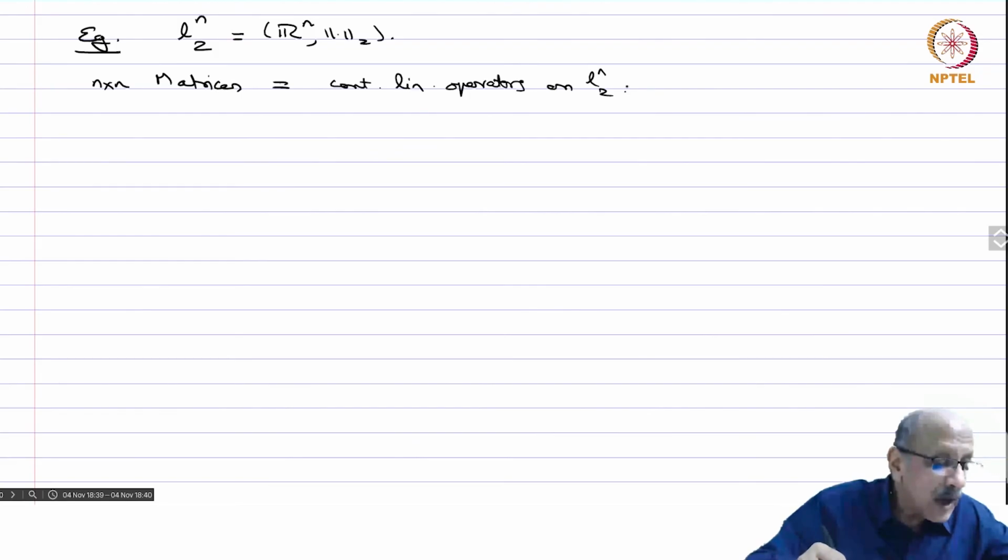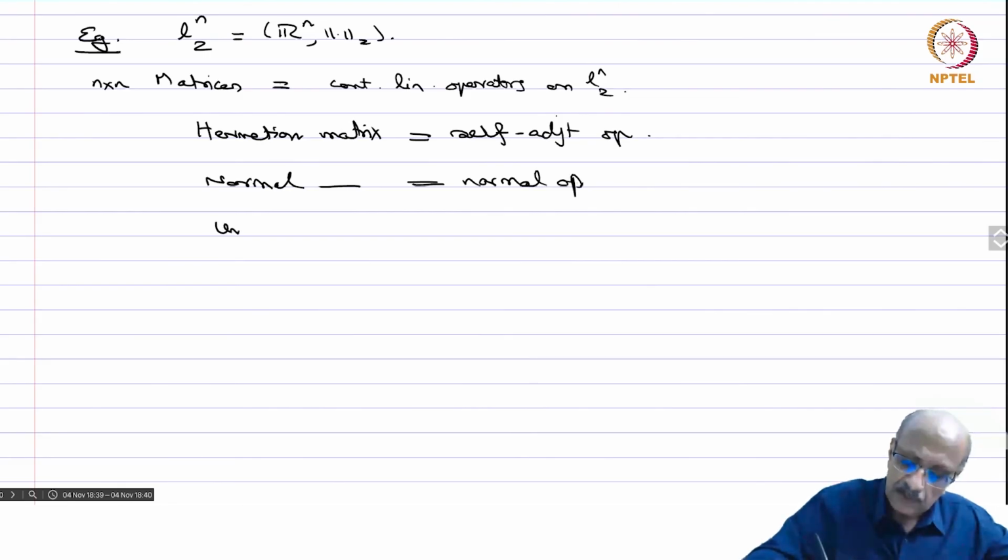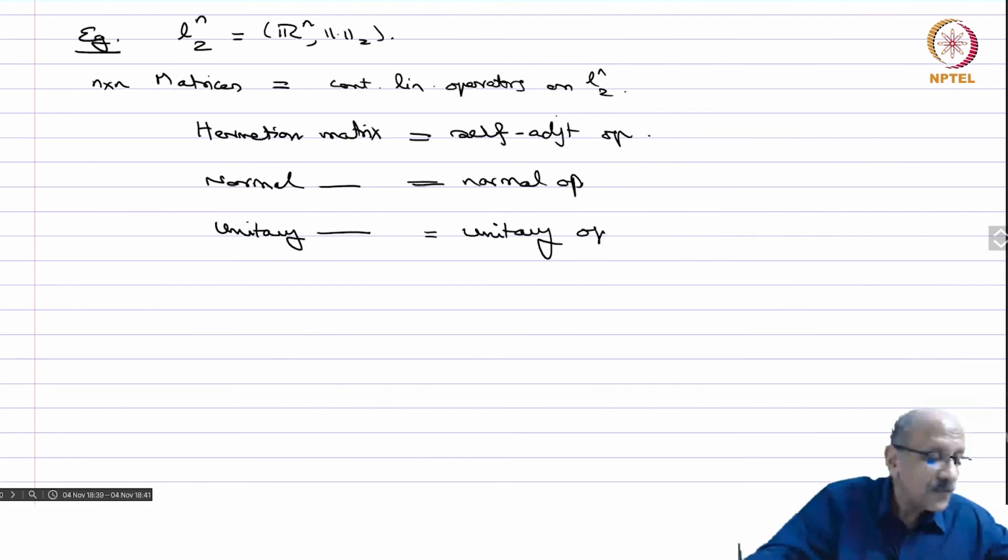And therefore a Hermitian matrix, that means A equals its conjugate transpose, gives you a self-adjoint operator. And then the operator defined by a normal matrix gives you a normal operator. And if you have a unitary matrix, then you get the unitary operator. So we are just retaining the terminology of these six.